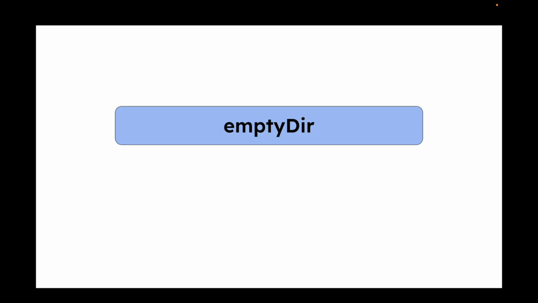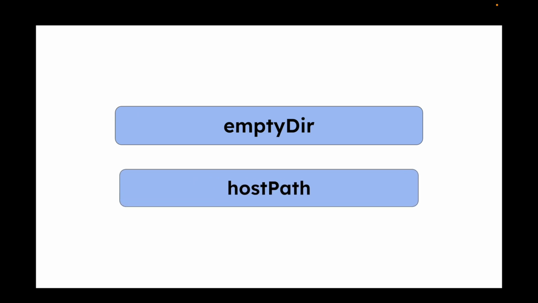It survives container crashes within the same pod, making it perfect for temporary scratch space, cache buffers, or sharing data between multiple containers in the same pod. And then you have hostPath, which you can use to mount a directory directly from the physical worker node's host file system into your pod.